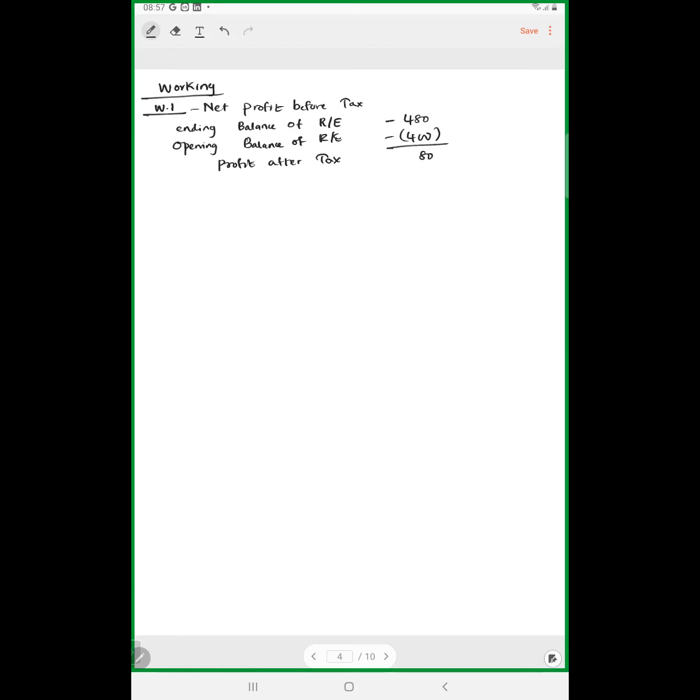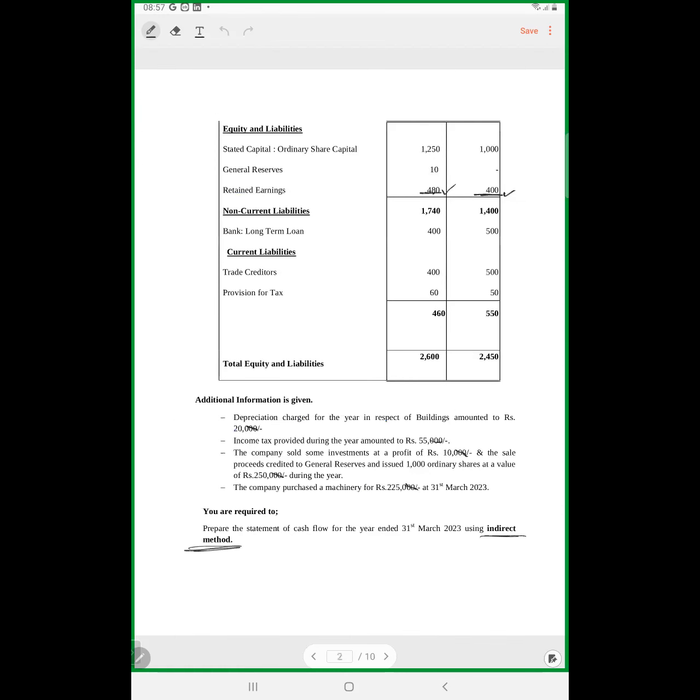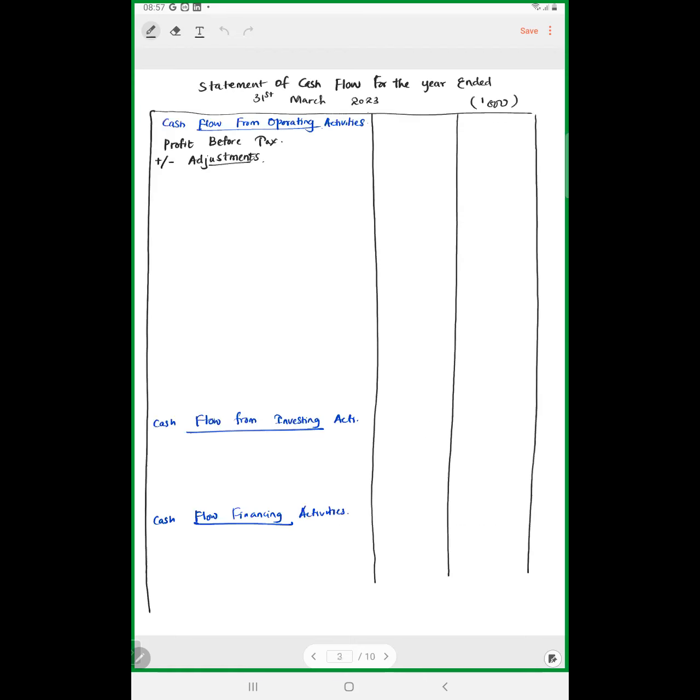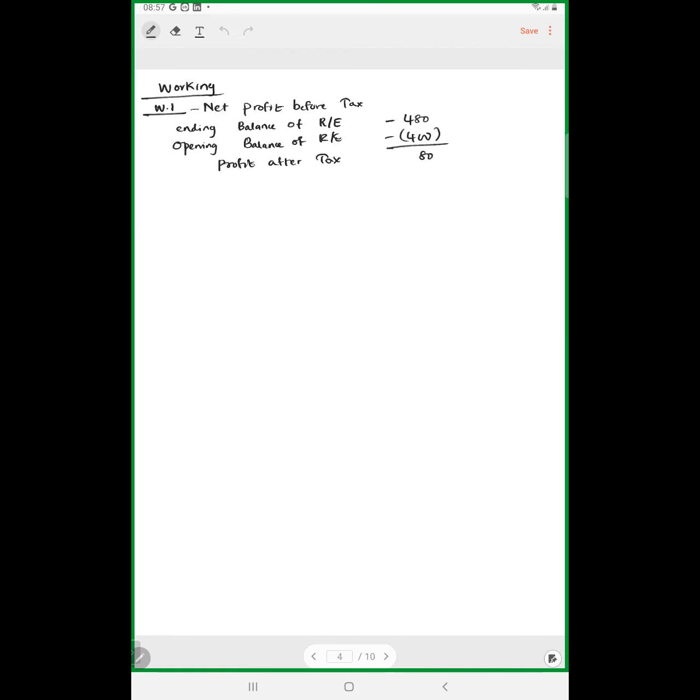So then you are given in the additional information, you can see here, income tax provided during the year amounted to rupees 55. So then the income tax for the particular year, how much? 55,000. 55. So then you know that profit after tax is calculated after deducting tax from the profit before tax.